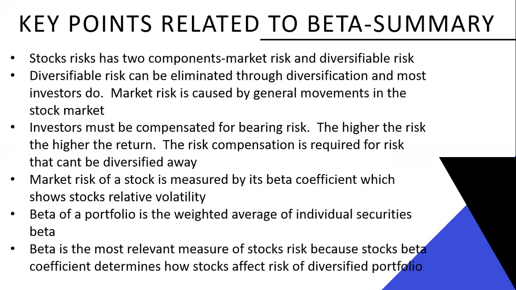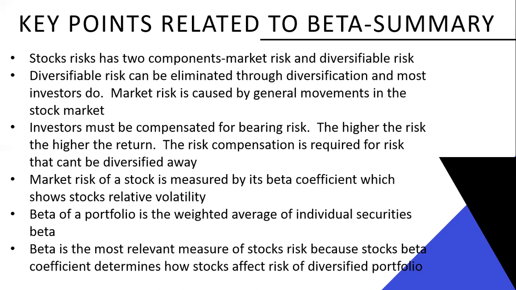Okay, next on this slide, it's sort of a summary of everything we've covered so far in this chapter. And I'm going to go through these key points because they are important. So the first thing is that a stock has two types of risk components. The first one is market risk that cannot be diversified away.